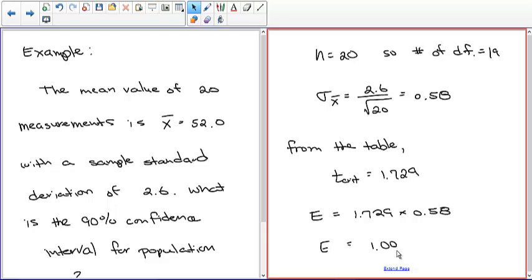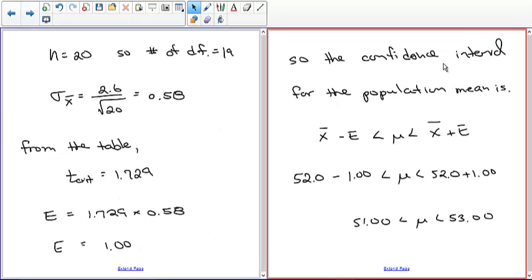And then your confidence interval is going to be this minus that and this plus that. So the confidence interval for the population mean is 52 minus 1 and 52 plus 1, which is 51 and 53. So our 90% confidence interval for the population mean is between 51 and 53.